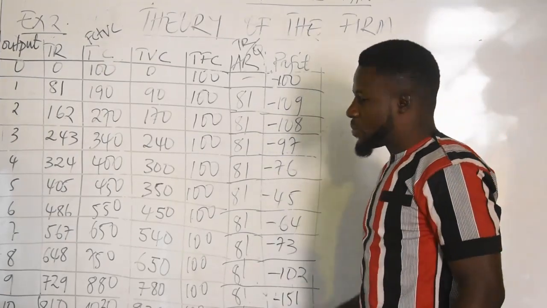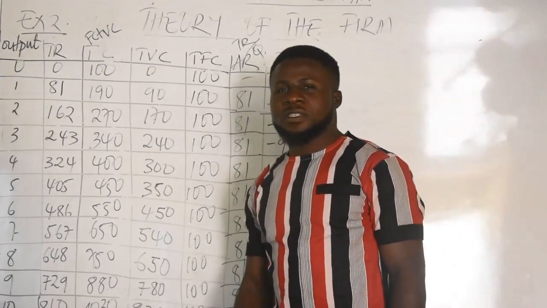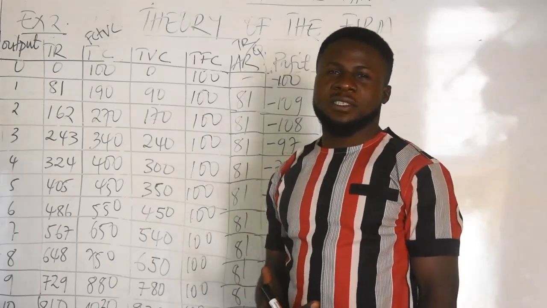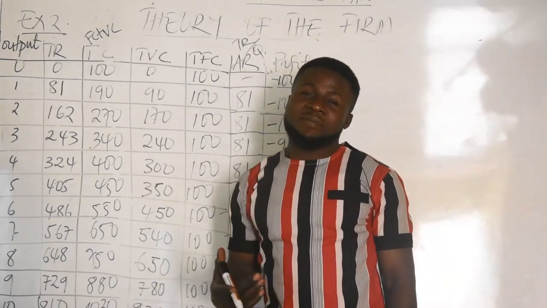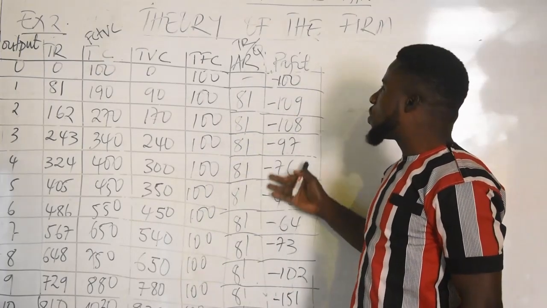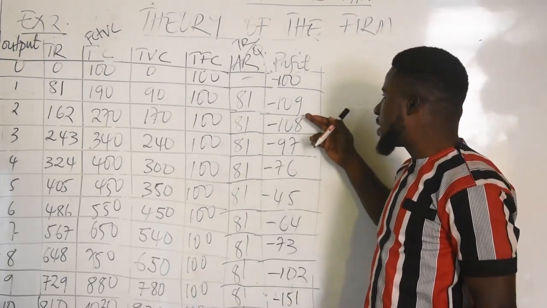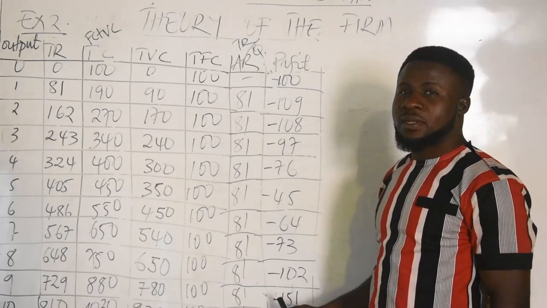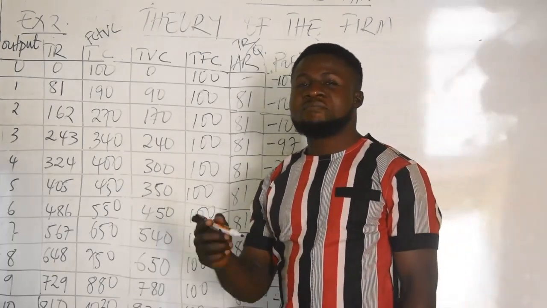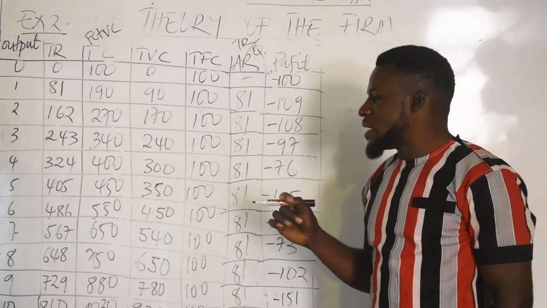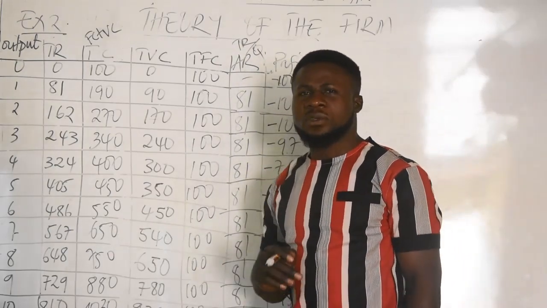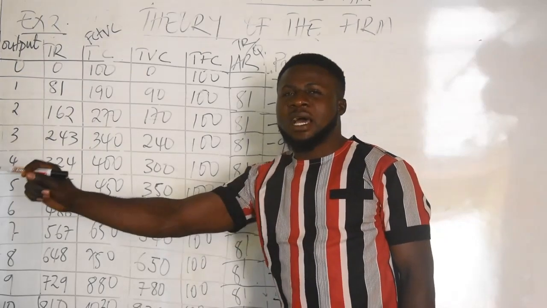Alright, so this is our profit. So the question was, what is the profit maximizing output level? Very simple. Now, we are not maximizing profit at any output level whatsoever here, because we can see that our profits are all negative. So we are rather minimizing loss. So if your answer is, let's say, output level 9, do not say profits are maximized at output level 9.